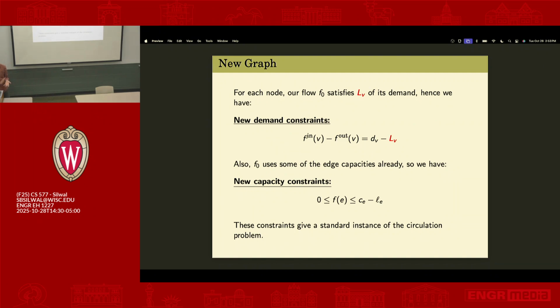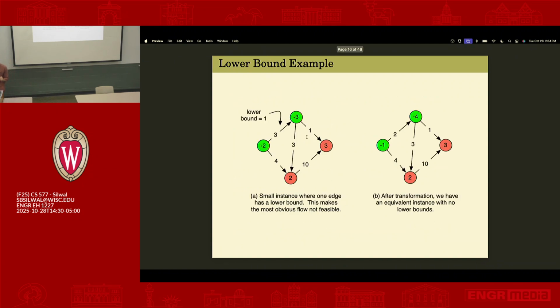The demand constraints change. Because I'm sending something on every edge, some stuff will end up accumulating on some nodes, and some stuff will end up leaving some nodes, just because I forced every edge to have whatever flow. If that didn't make sense, let's take a look at this example again.